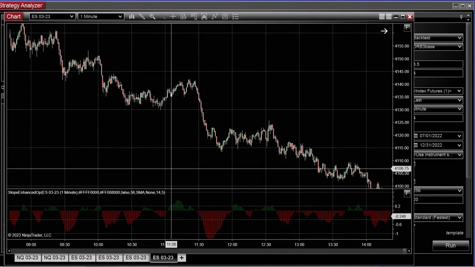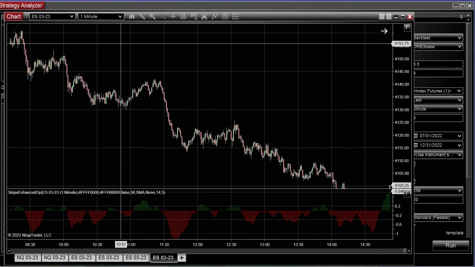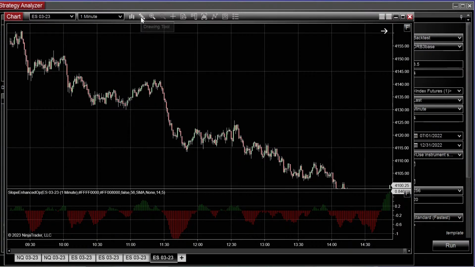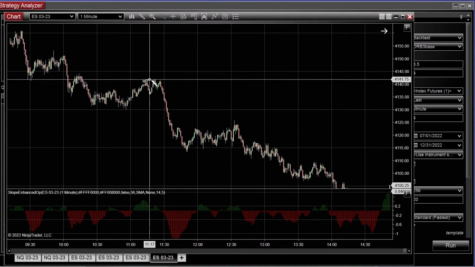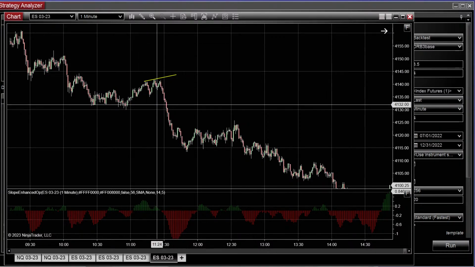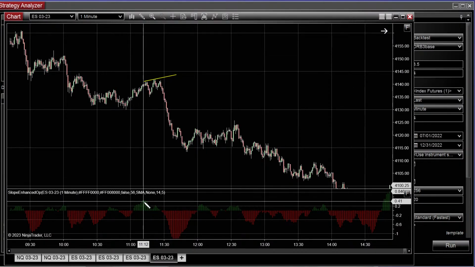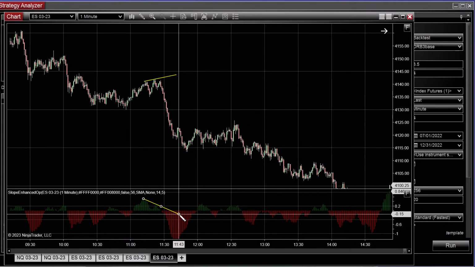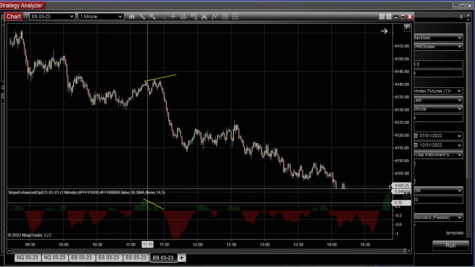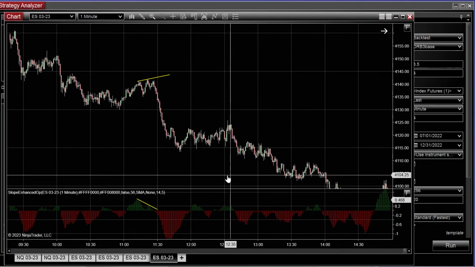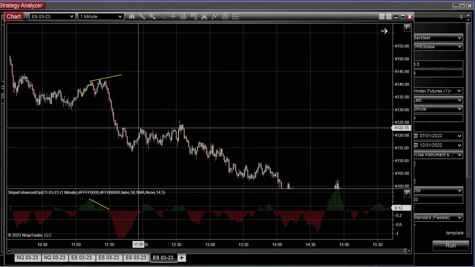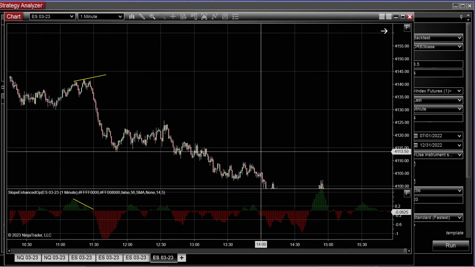Like I was telling y'all before, you can find divergence in almost any indicator. You see we have a higher high here on price, and we have a lower high on the slope. So pretty cool stuff.